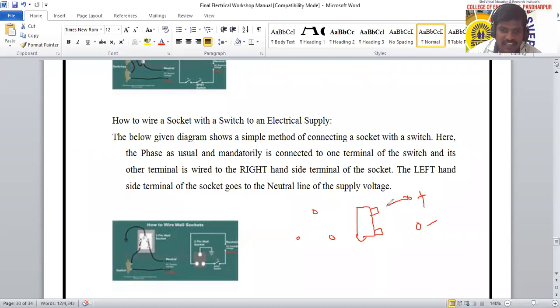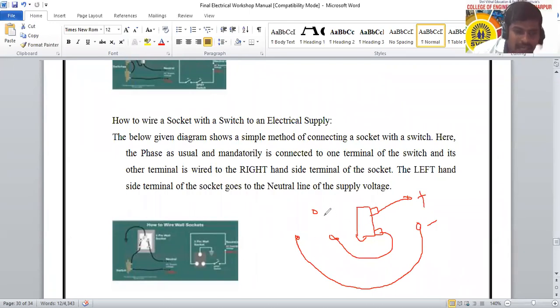Positive terminal it is connected here, next terminal of the switch it is connected to one terminal of the socket or 3-pin plug. 3-pin plug किंवा सॉकेटच्या एका टर्मिनलला पॉझिटिव्ह टर्मिनल कनेक्ट केलं. Now next terminal of the supply, that is negative terminal, it is connected directly to another terminal of the socket, and this terminal, हे जे काय terminal असेल, it is connected to that of earth.